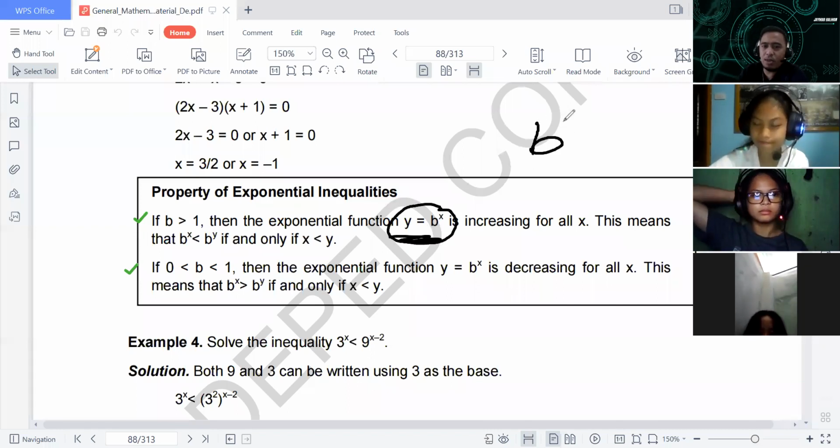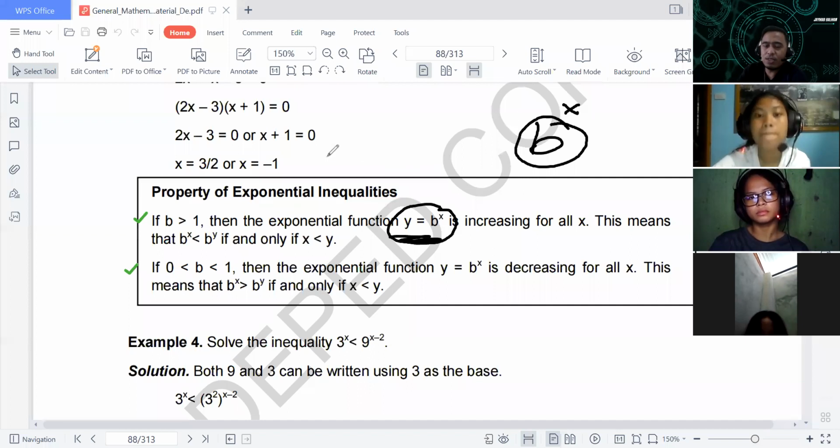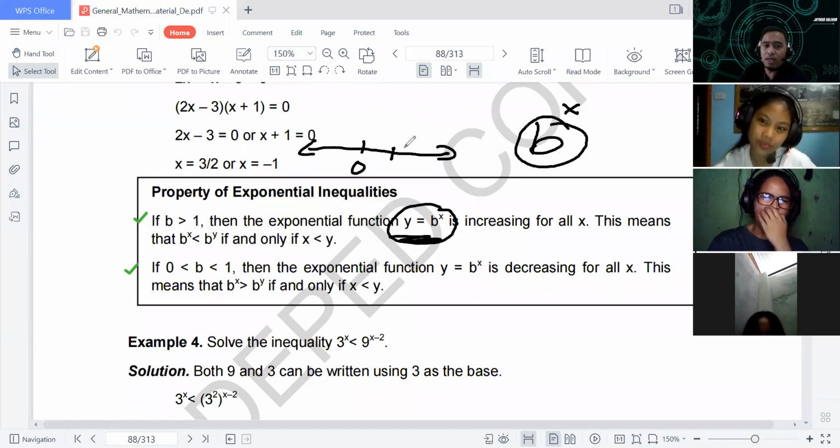If you have b to the power of x, you should look at the value of b first. Because the value of b is either from 0 to 1, then greater than 1.